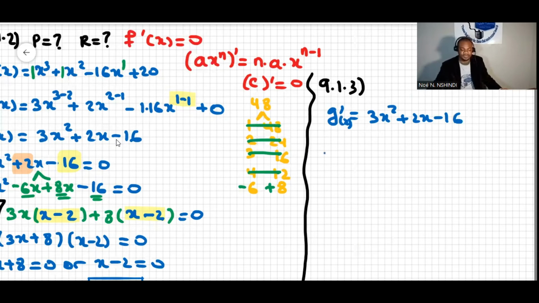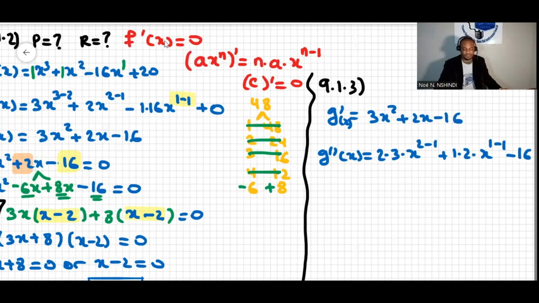Then the second derivative will be, applying the same formula, 2 times 3 times x to the power of 2 minus 1, plus 1 times 2 times x to the power of 1 minus 1, minus 16, as I did in the previous question.